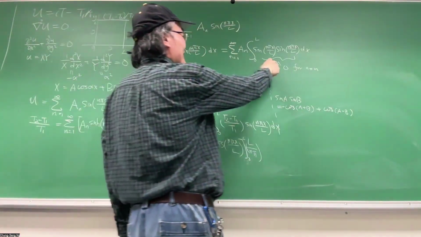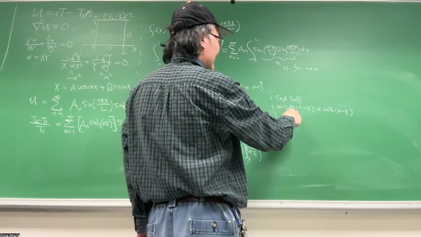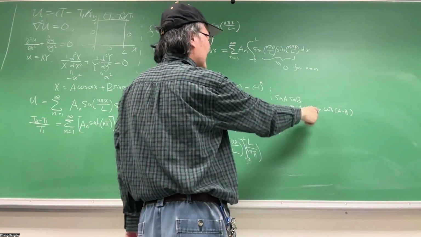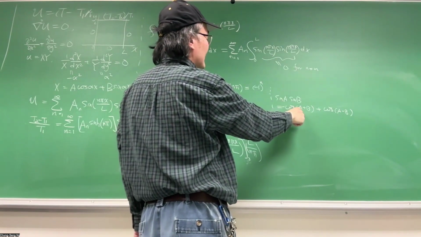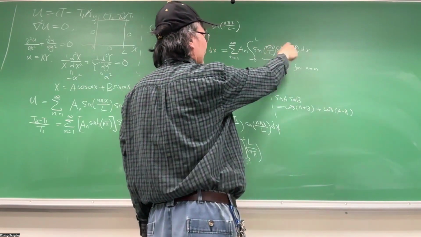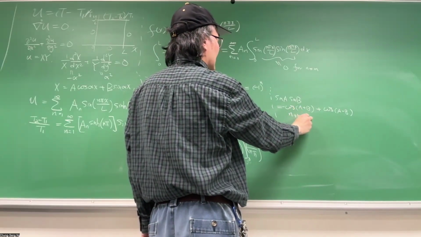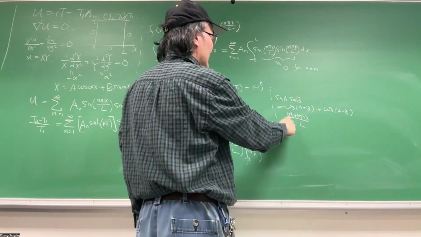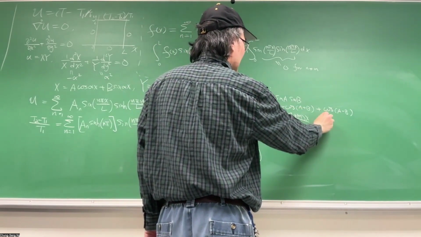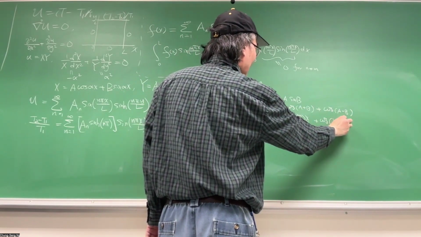I don't like to remember formulas, but we get this two-term result. If this is A and this is B, then A plus B will be n plus m times pi x over L. So it will be cosine of the sum minus cosine of the difference, n minus m.